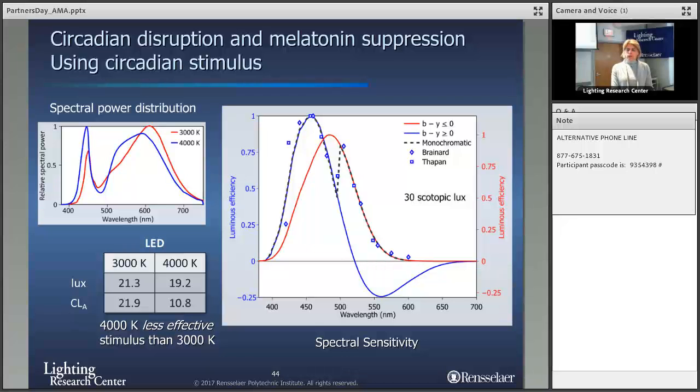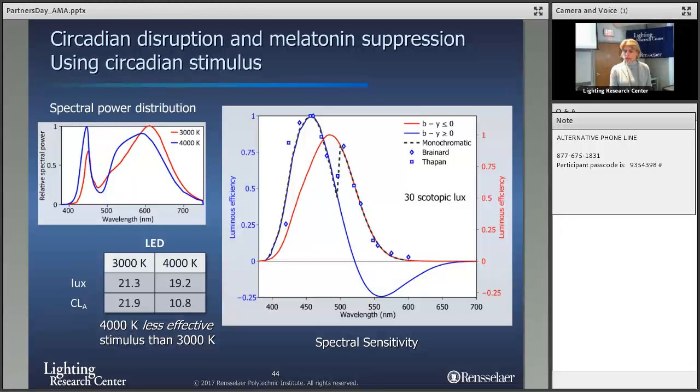So applying that, using circadian stimulus for outdoor lighting applications, and in response to what the American Medical Association said, that you should use only 3000 K, here's an example where you could use a 4000 K light source and you would have less circadian light from that light source than you would have with a 3000 K. So these are the two spectral power distributions of the two light sources.